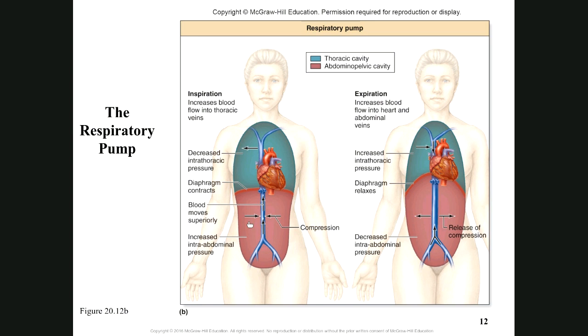So the organs which we have in our abdomen can compress the veins, and the blood can come up. At the same time, because the diaphragm comes down, our thoracic cavity increases in size and the pressure in our thoracic cavity decreases.